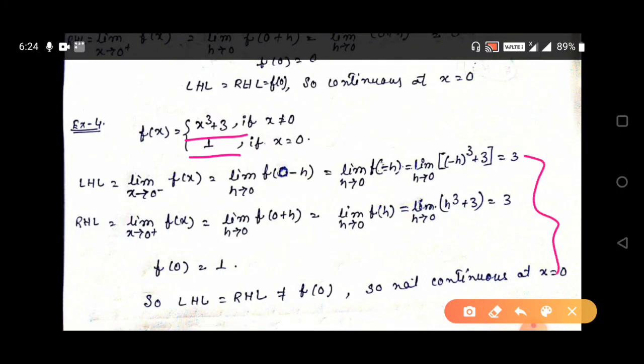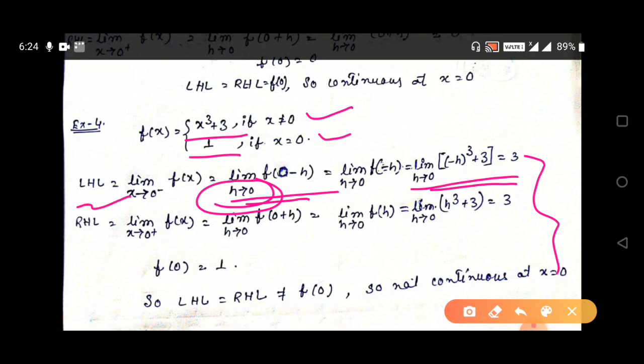This is very important. Whenever you are choosing this h, whenever you are changing the limit, you have to be very conscious how you are doing the question, how you consider the function, which function you have to write here for the left hand limit, and which function you have to write here for the right hand limit.